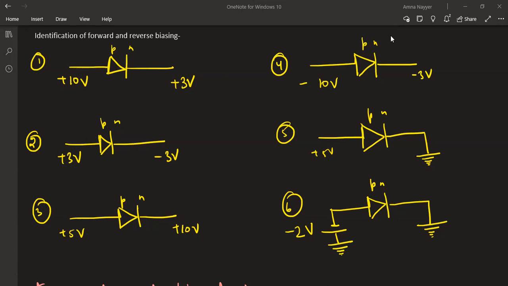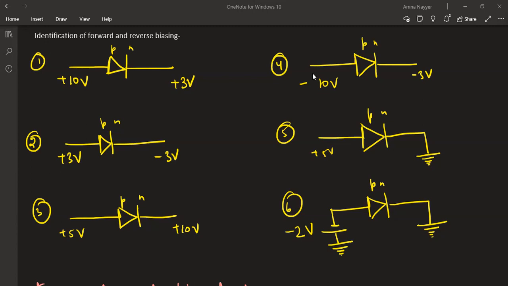But for remembrance, or for your examination perspective, you can remember it like this: P is positive, so P is connected to the positive terminal. And for negative, N type, negative type, in semiconductor diodes basically.